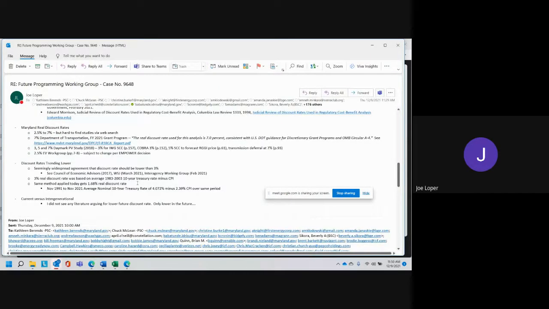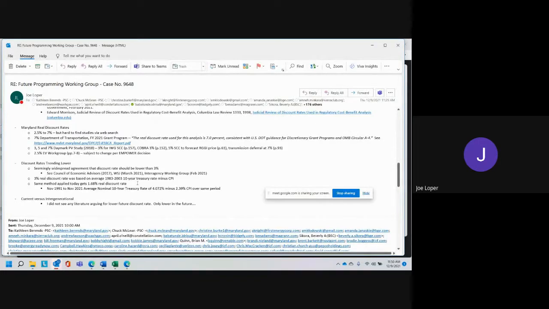So for Maryland, I really couldn't find anything. I could find 2.5% to 7%. The 2.5% is the EV work group. And the 7% is the Maryland Department of Transportation, which I think is just basically leaning on the feds.